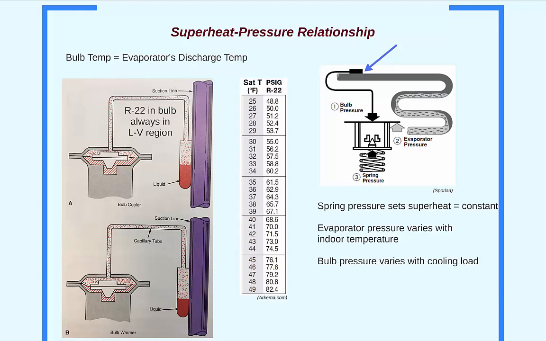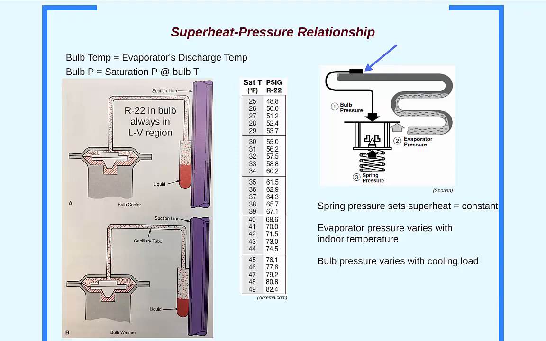Because the thermostatic charge operates in the liquid vapor region, the corresponding bulb pressure is dictated by the R22 pressure saturation temperature table. It is probably easiest to understand bulb pressure by looking at an example. Let's assume the evaporator's exiting temperature is 35 degrees.